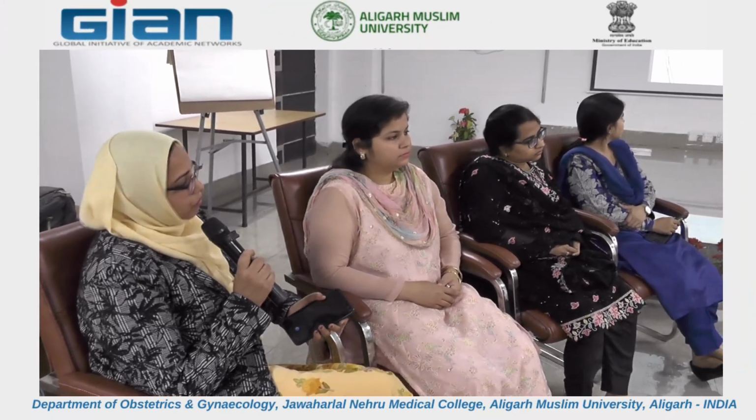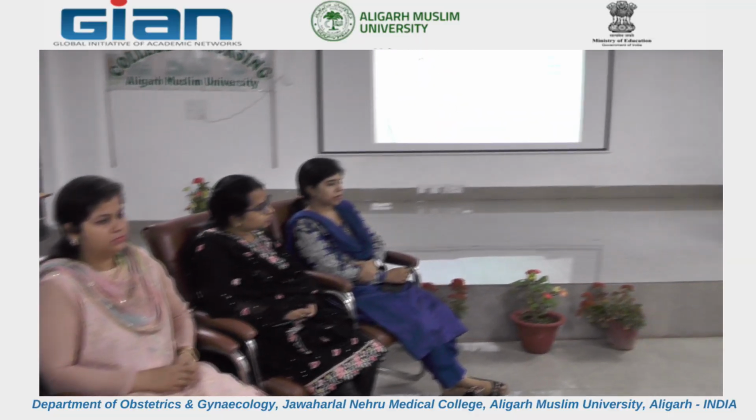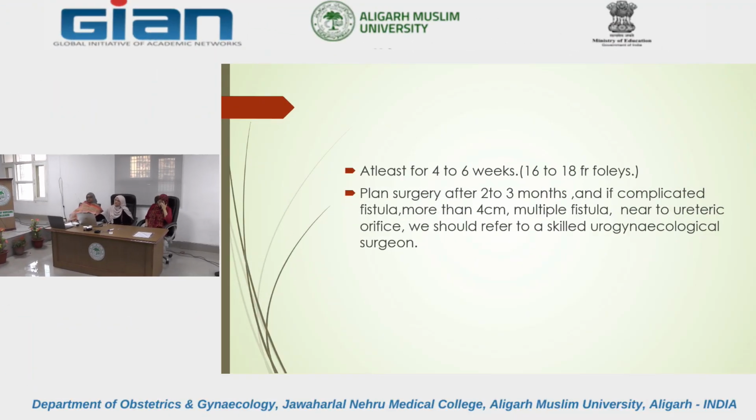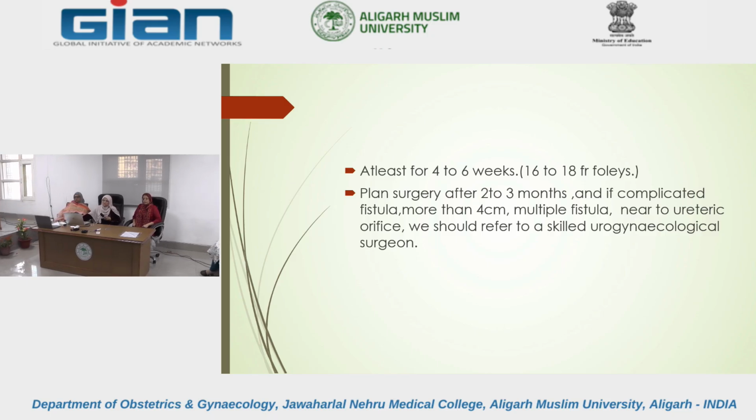So we usually put it for 4 to 6 weeks and then reassess the patient, and this Foley's is to be changed every 2 weeks. It is better to put silicone, but change it every 2 weeks.